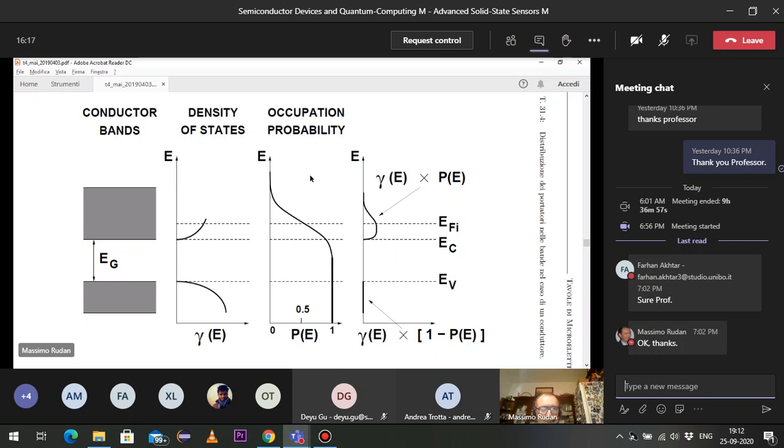So the only possible contribution comes from the conduction band.